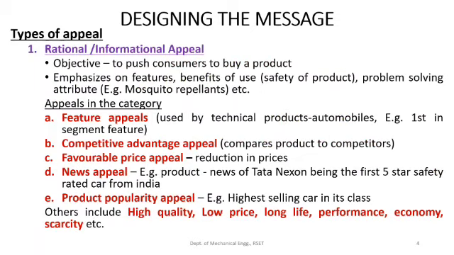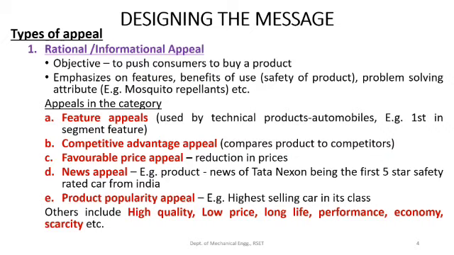The first type of appeal is the rational or informational appeal. In this kind of appeal, the basic objective is to push consumers to buy a particular product. The emphasis is on features, benefits of use of a particular product, like safety of the product, and problem solving attributes.